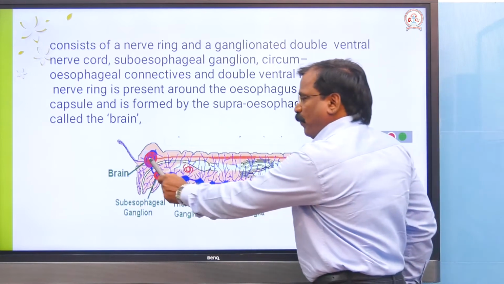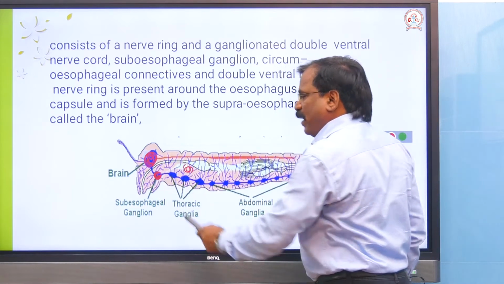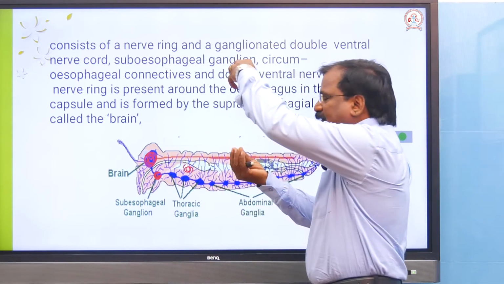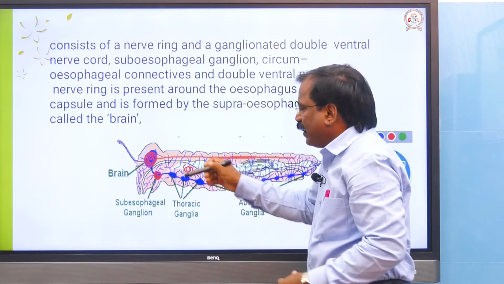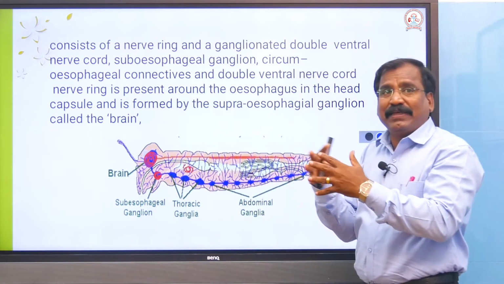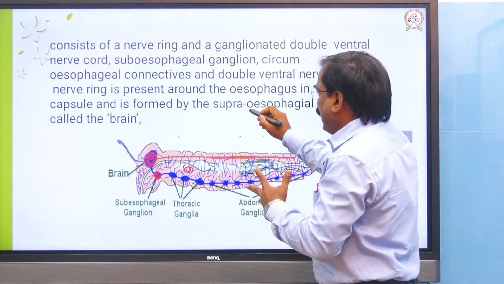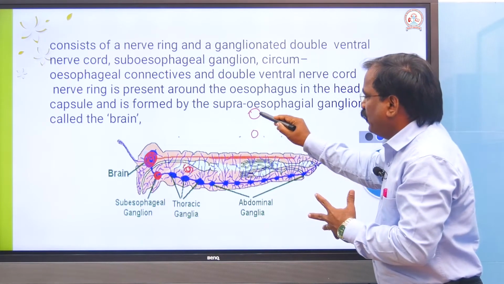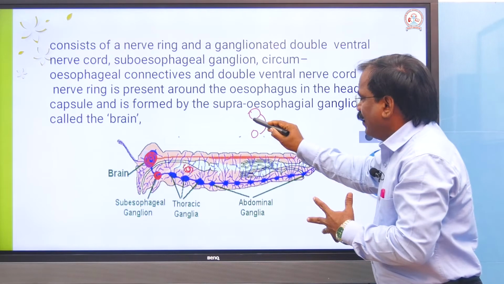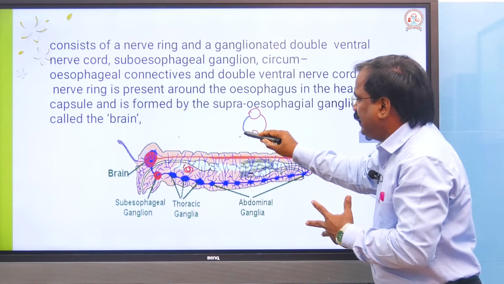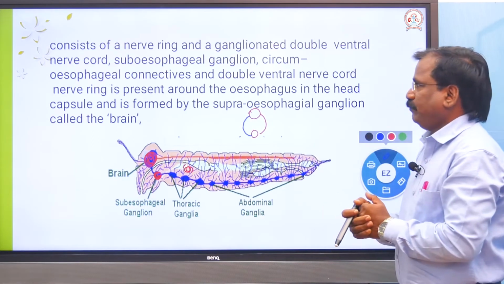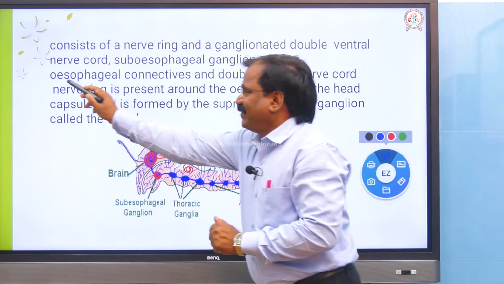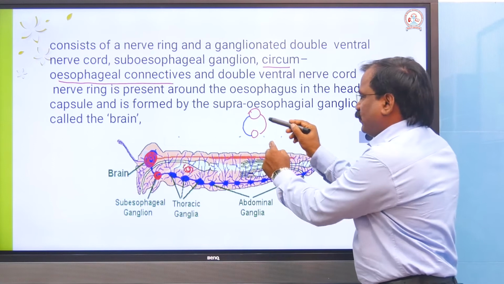The supraesophageal and subesophageal ganglia are connected by the circumesophageal connectives.